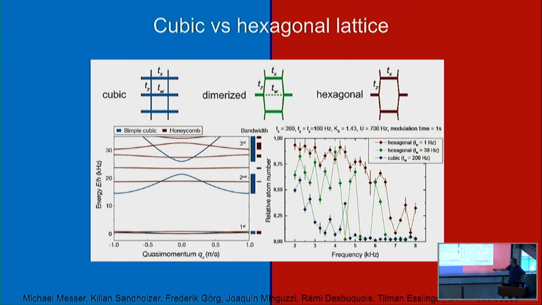As compared, for example, to simple cubic, which has quite a dispersion, and then you hit resonances, and that's why you get these losses fairly early. So this blue curve is the cubic, and the dimerized is somewhere in between with some sharper resonances. So at least our conclusion is that depending on the band structure, you just have to be careful, and then you may find such windows.